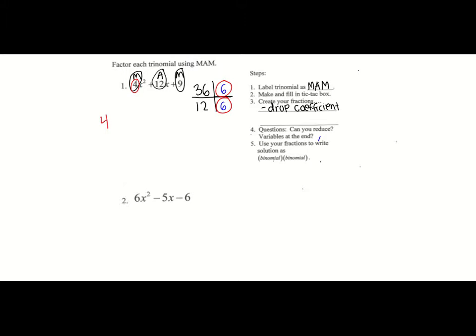So we drop this down in 2 places, and then we are going to split the variable. So that means our x squared is going to get split up. We put 1x here and 1x here. And then to create our fractions, we're going to take those numbers that we got right here and put 1 under here and 1 under here. They just happen to be the same number in this example.